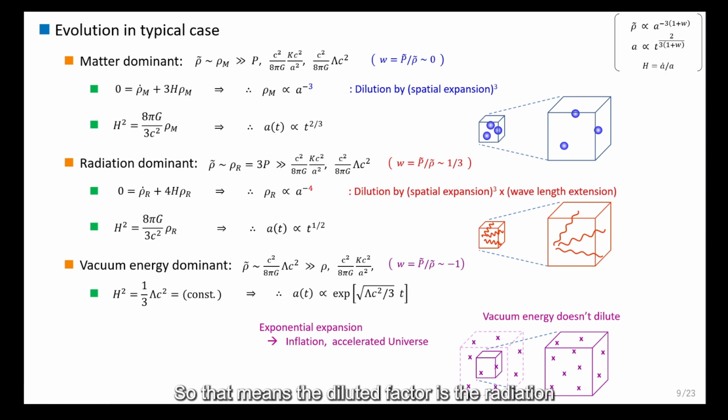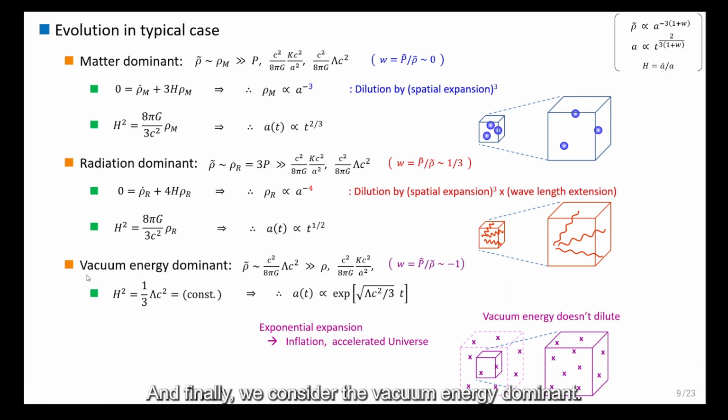That means the dilution factor is added from this spatial expansion with the wavelength extension. Then totally it gives the -4. Also for the Hubble parameter in the radiation case, the scale factor depends on time in this shape.